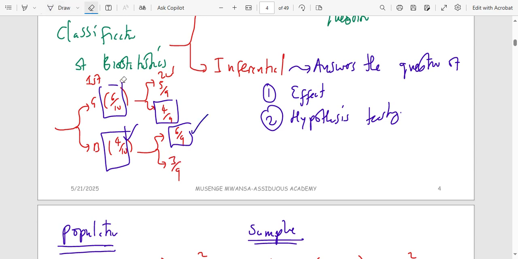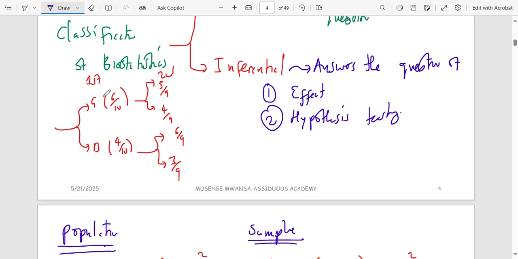If they said find the probability that all the balls that were picked were of the same color, in that case, same color means green and another green, and then blue and another blue. So it will be 6 out of 10 times 5 out of 9 plus 4 out of 10 times 3 out of 9.